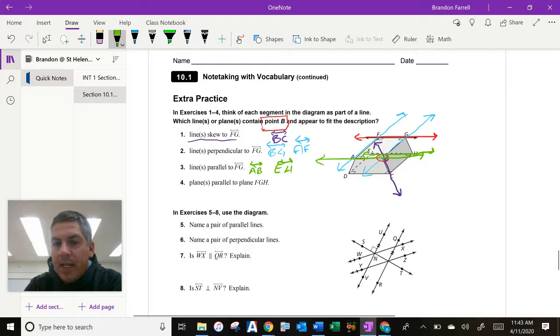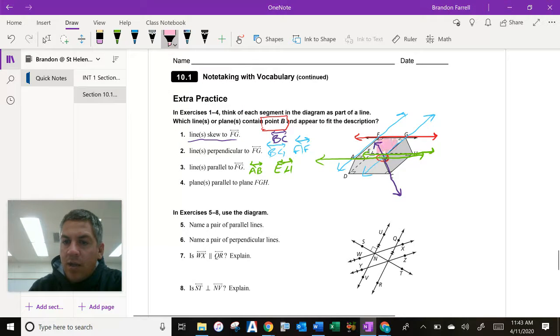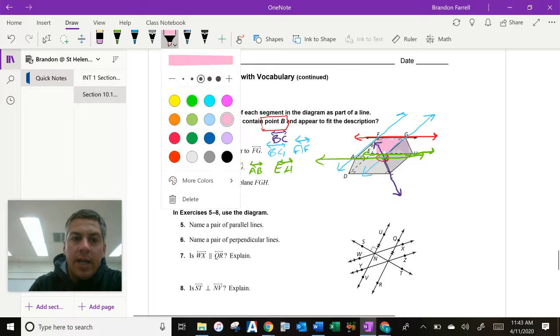All right, and now line parallel, I'm going to use a little bit of my highlighter here. So if we take a look at this plane, which is the back side of that trapezoidal figure, and we create a plane. Let's try a different color. Let's try this purple color right here.